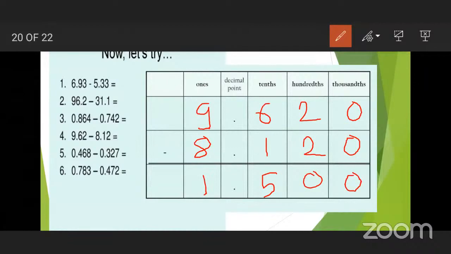The answer is 1 point. Read the answer. 1.50, but we will write it only as 1.5.